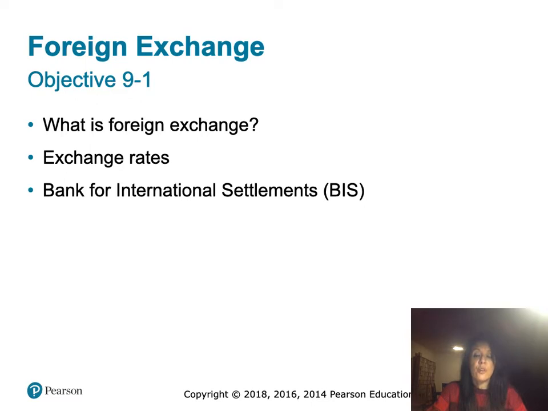So this market can be divided into 3 major categories: reporting dealers, other financial institutions, which are financial institutions other than banks, and non-financial institutions.